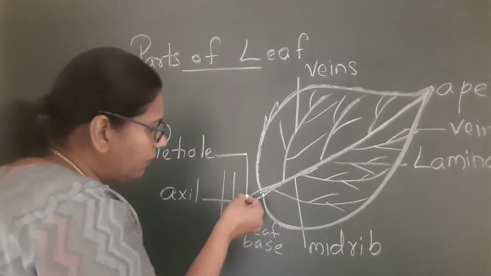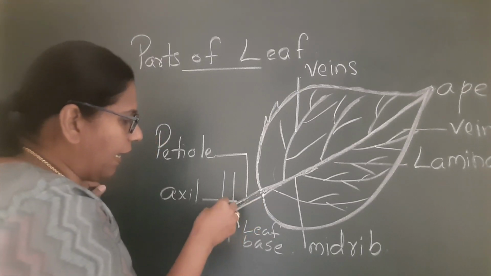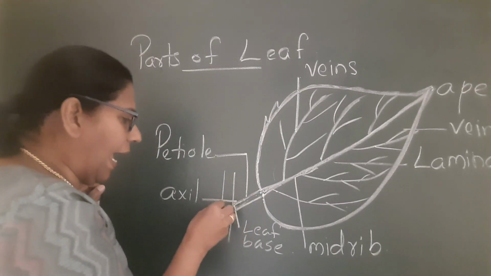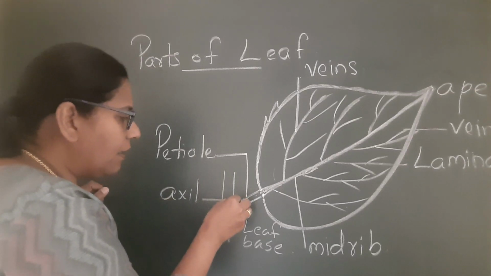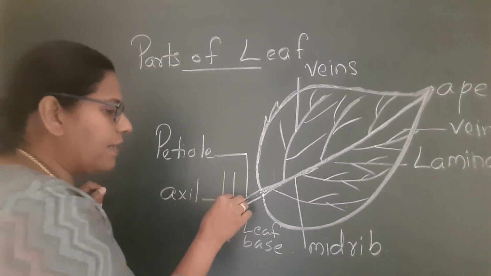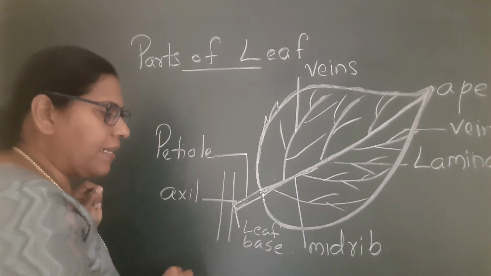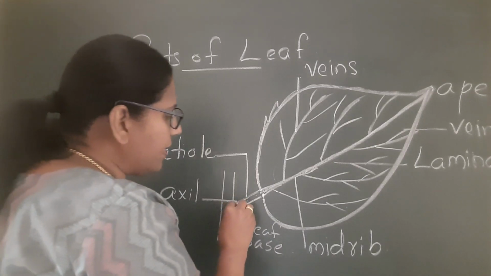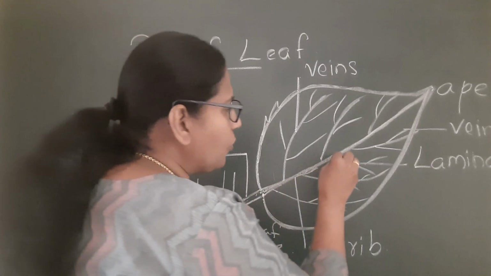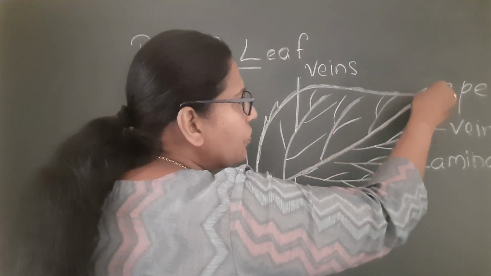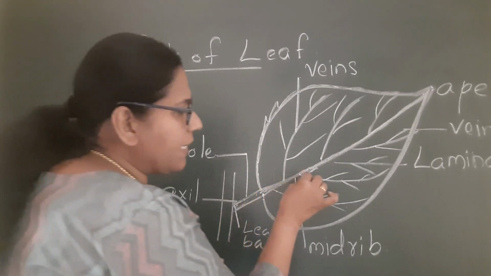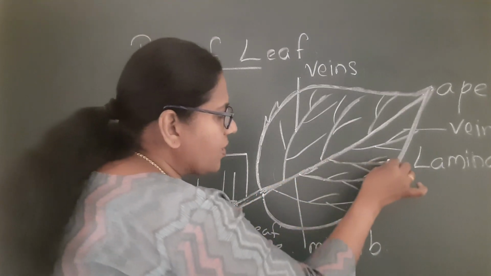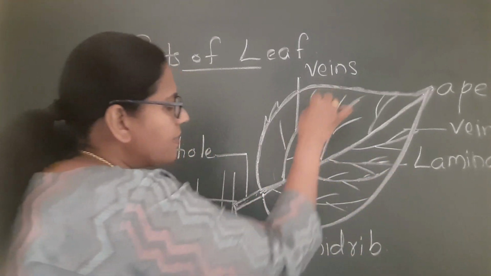Between the petiole and the stem, the angle is called the axil. There is a bud, called the axillary bud. This petiole enters into the lamina and continues till the apex, called midrib. Midrib gives out branches, called veins.